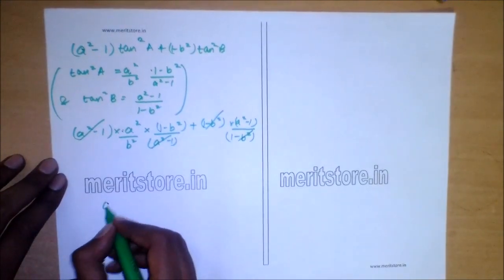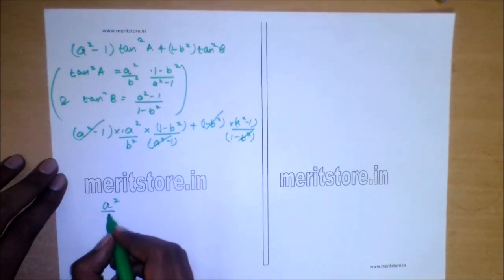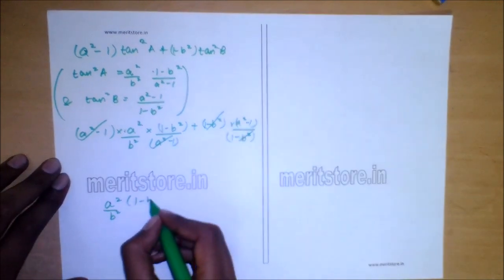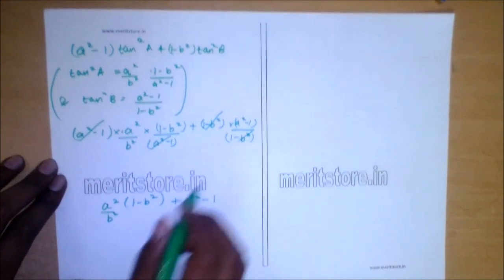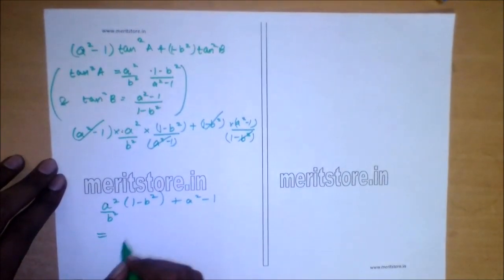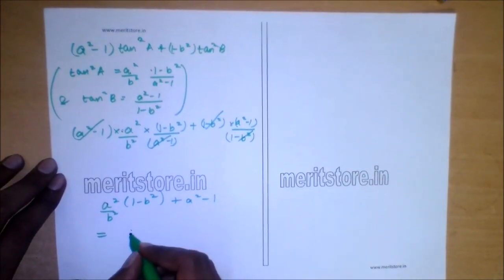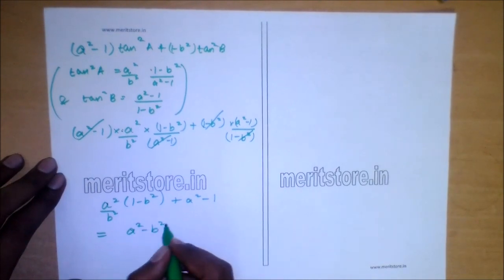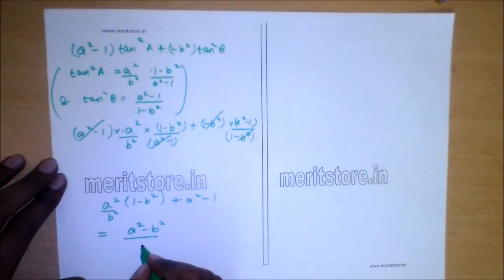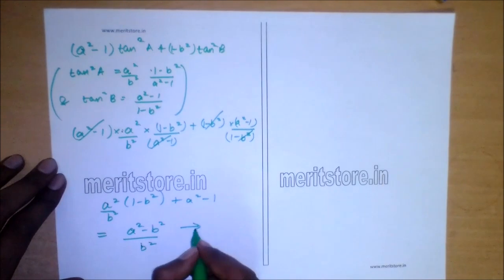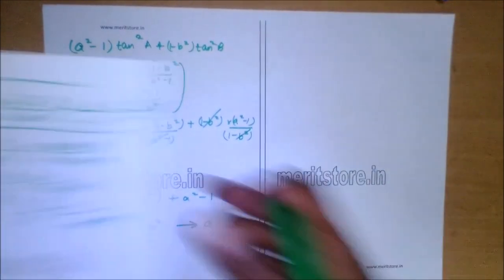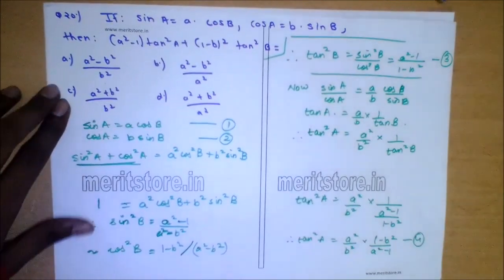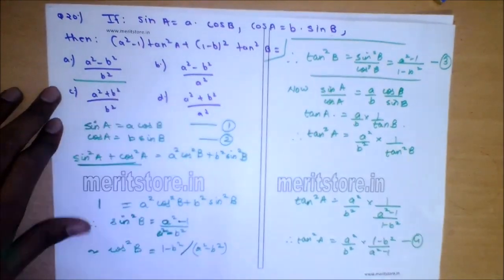We are left with A square by B square into 1 minus B square plus A square minus 1. Simplifying this whole term, we finally get A square minus B square upon B square, which is option A. So the answer here is A square minus B square by B square.